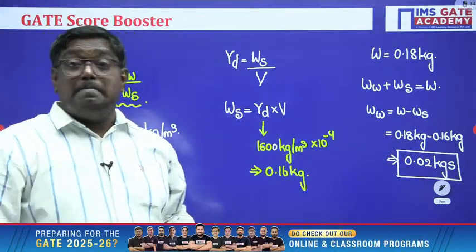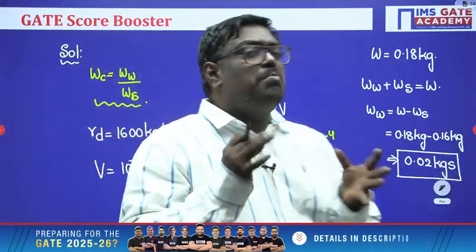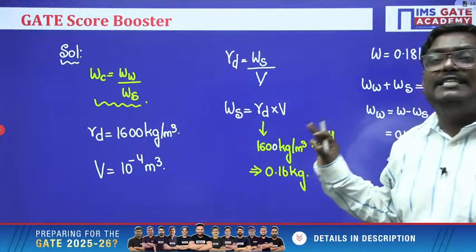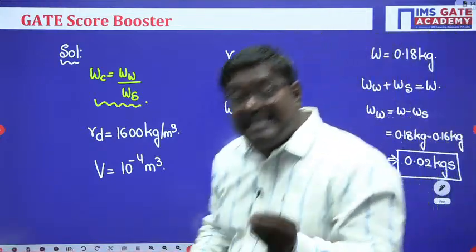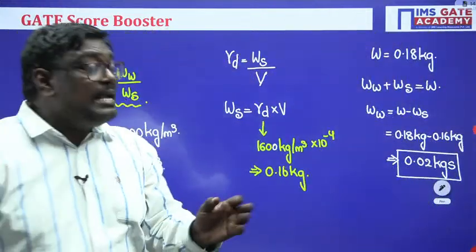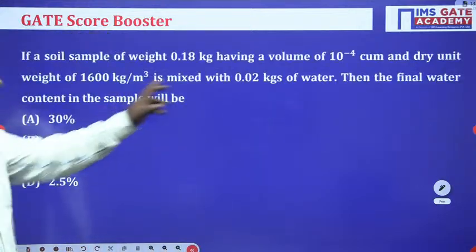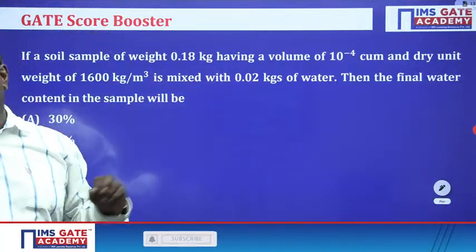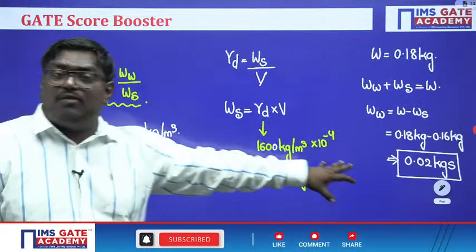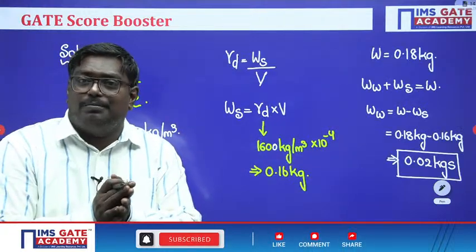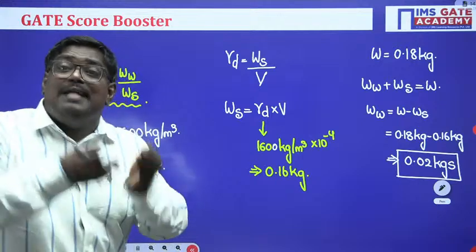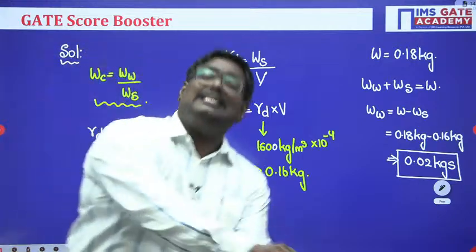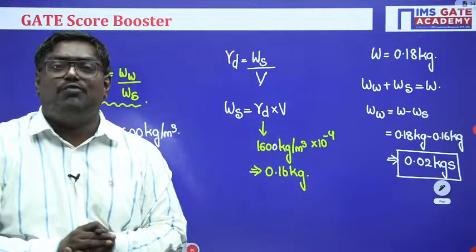0.02. But let me tell you why most of the students will do this problem wrong. This 0.02 is added with another 0.02 of water. People will take this as weight of water, but this is not the weight of water, because in the question, they have told that they have mixed another 0.02 kgs of water.